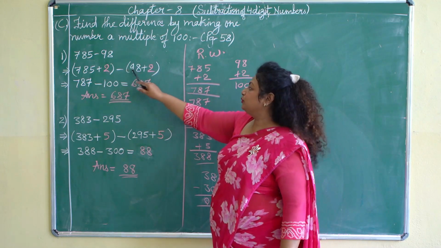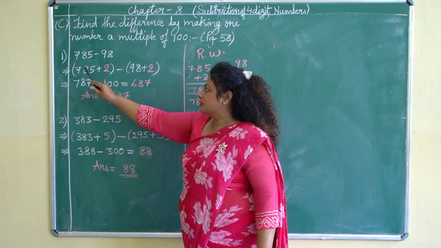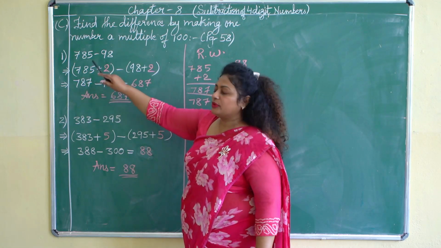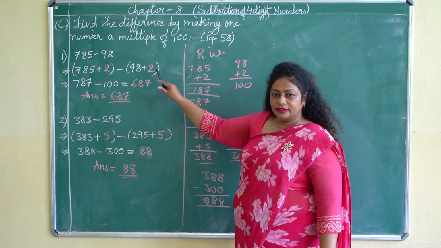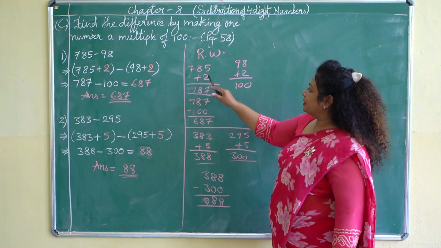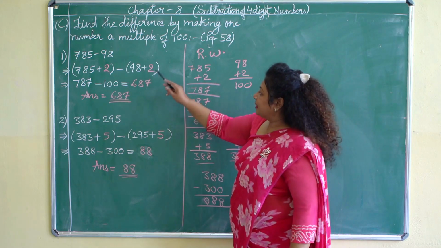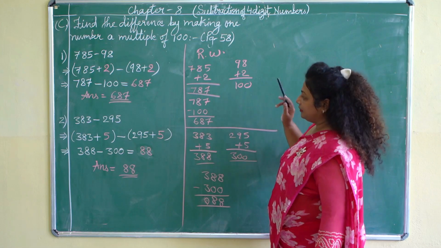Since we are adding 2 to 98, we have to add 2 to the first number also. So now we got 785 plus 2 in one bracket minus 98 plus 2 in the other bracket. Let's solve these two brackets. 785 plus 2 will give you 787. 98 plus 2 will give you 100.